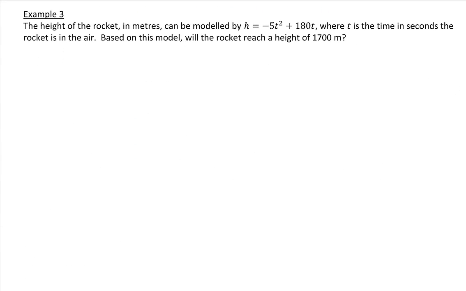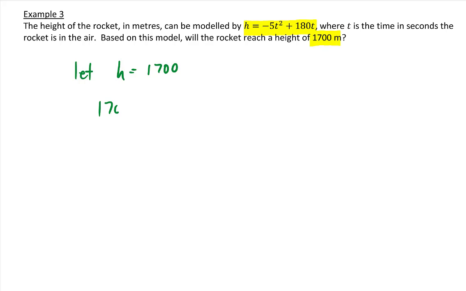So last example, the height of a rocket in meters can be modeled by h equals negative 5t squared plus 180t, where t is the time in seconds the rocket is in the air. Based on this model, will the rocket reach a height of 1700 meters? So similar to solving quadratics, we're going to let h equal 1700.